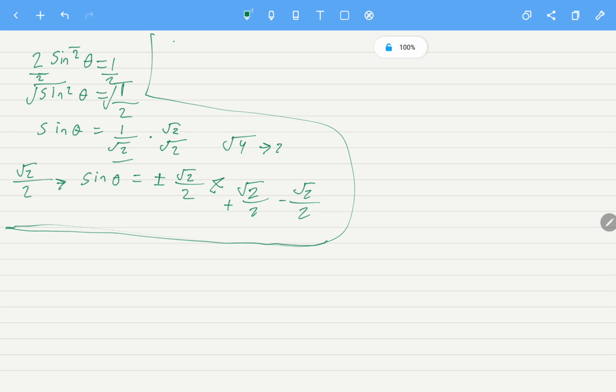So let's go with cosine squared theta plus cosine squared theta times tangent squared theta. This is actually a simplify question.